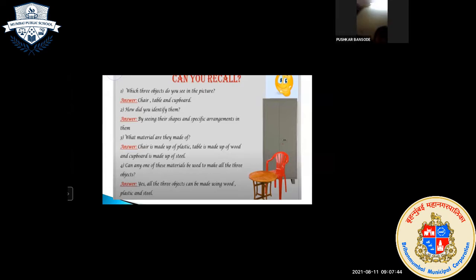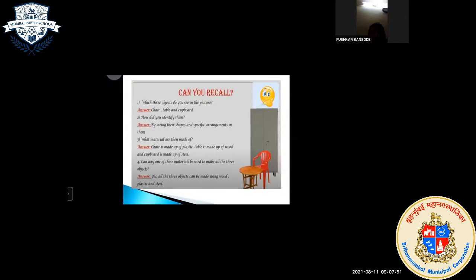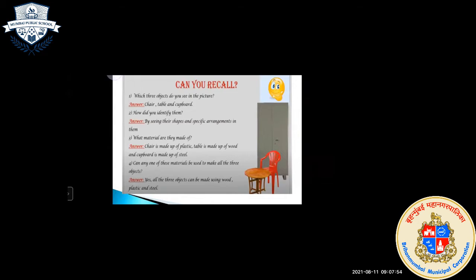Ma'am, steel. Iron cupboard. Yes, iron cupboard. So these things: table is made up of wood, chair is made up of plastic, and cupboard is made up of iron.